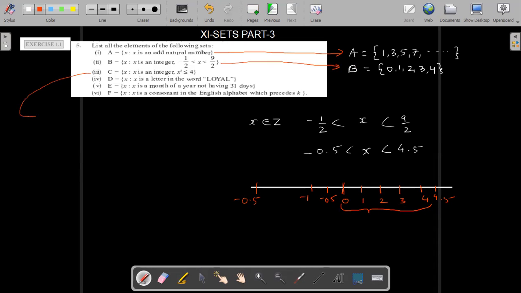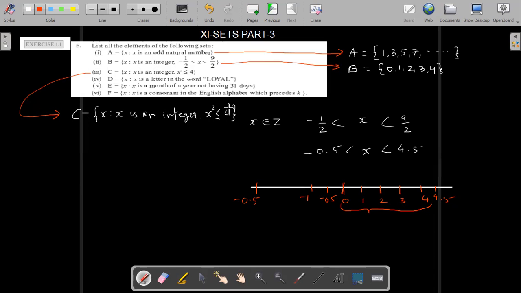Similarly, now we will see that C is the set of integers. C is the set of all x such that x is an integer and x square is less than or equal to 4. That means the square of the integer is less than or equal to 4.